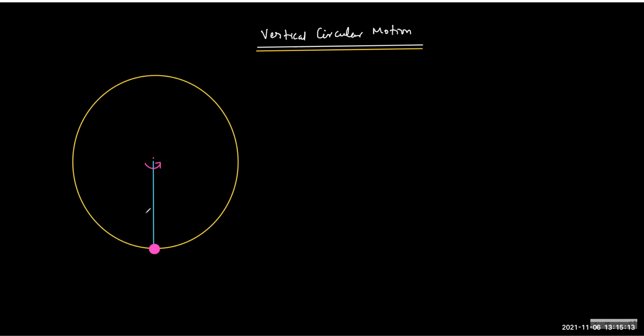So we have a pendulum in which we have a string of length and a bob is hanging. First of all, we'll try to understand the concept of pendulum.